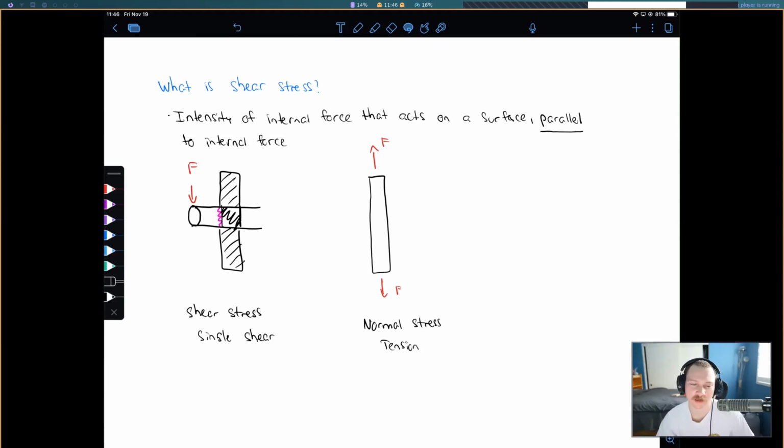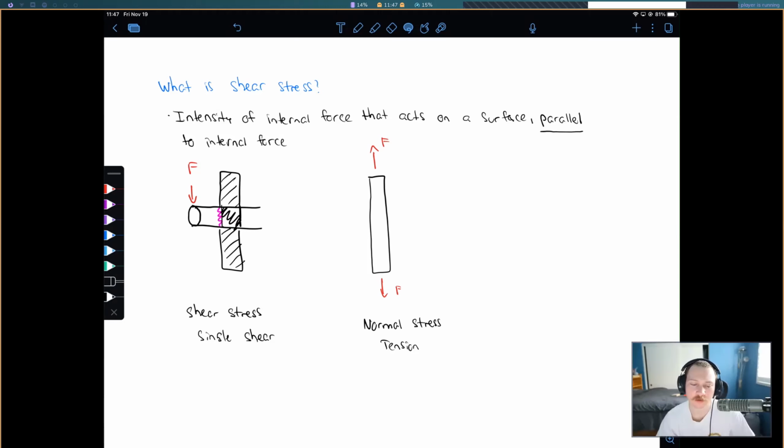Imagine this is the rod that we're going to have, and this bar here is one of those metal discs. We've got a force going down, acting parallel to this surface. So this little left part here would shear off, and we would be left with two pieces in the end.